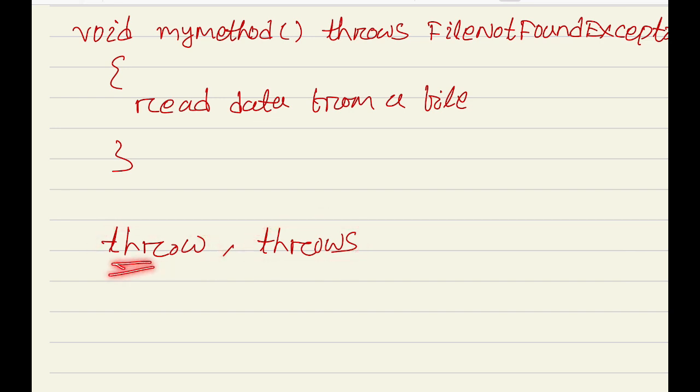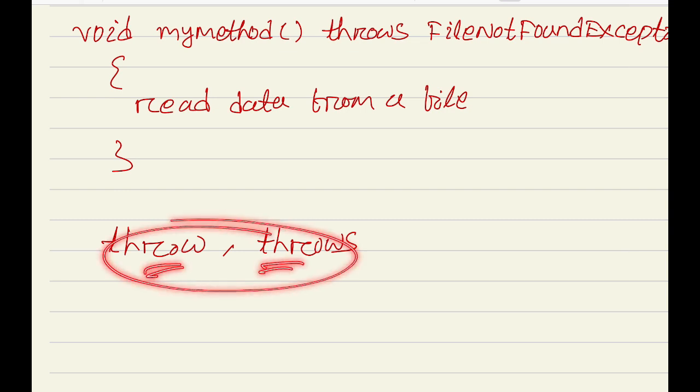You can write: generally the throw keyword is used to manually throw an exception, and the throws keyword is used to propagate the exception. And you can add some more points to the difference.